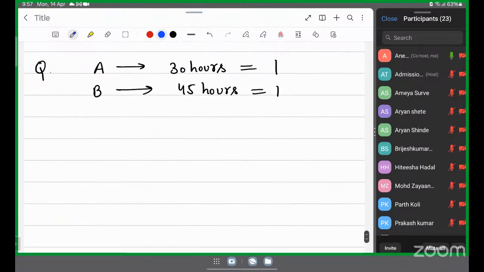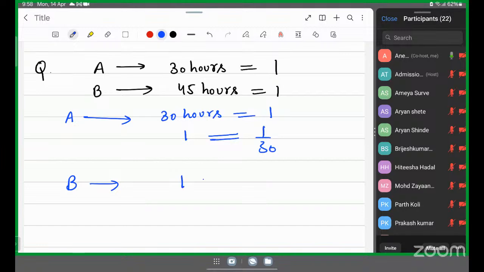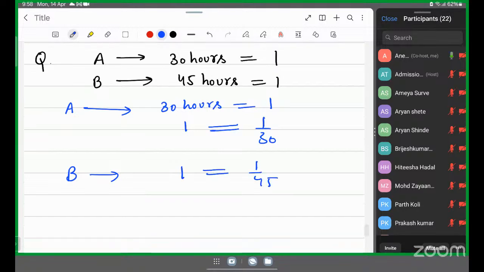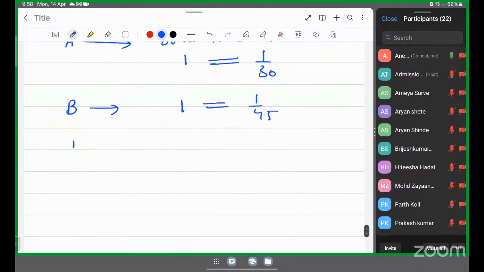So it's straightforward. For pipe A, 30 hours are taken to fill 1 unit. So in 1 hour, it will be 1 by 30. For pipe B, for 1 hour, it will be 1 by 45. So net filled in 1 hour is 1 by 30 plus 1 by 45.